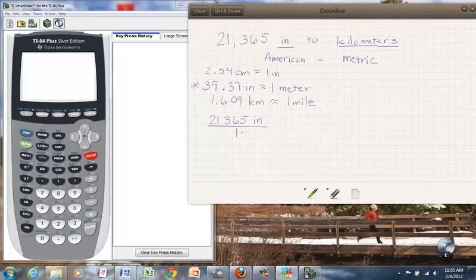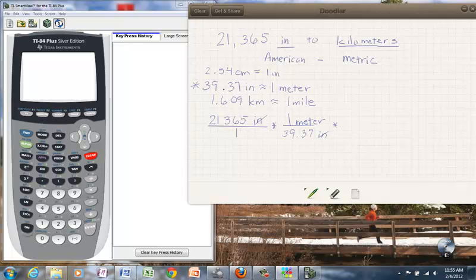It can be over 1. And I'm using the second fact here, and I want the inches to cancel. So now I have meters.